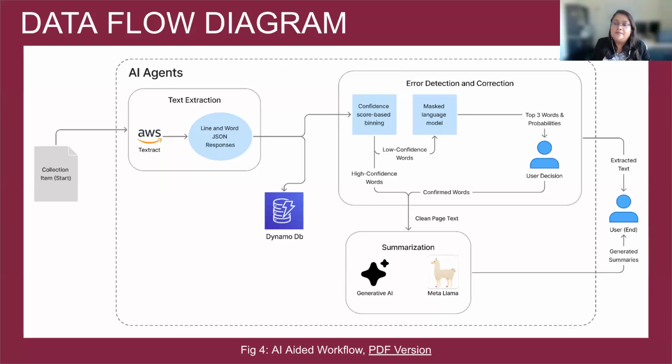And finally, in the figure towards the right-hand side, we can see that we show the user the extracted text as well as the generated summaries. The extracted text is meant to help users easily browse and navigate to their portion of content from this entire digital library collection that we have. It's very difficult to find what you're looking for. If you know the keywords, you can at least search on that extracted text and find that exact portion of the letter, for example, where the phrase was discussed.